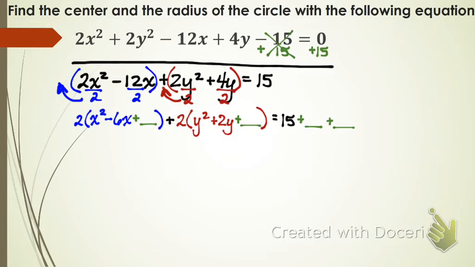With my x's, what am I going to have on that line? 9. So what do I add to the other side? 18. This is 2 times 9. And what about with the y's, what goes on the line? 1. So what goes on the other side of the equal sign? 2.